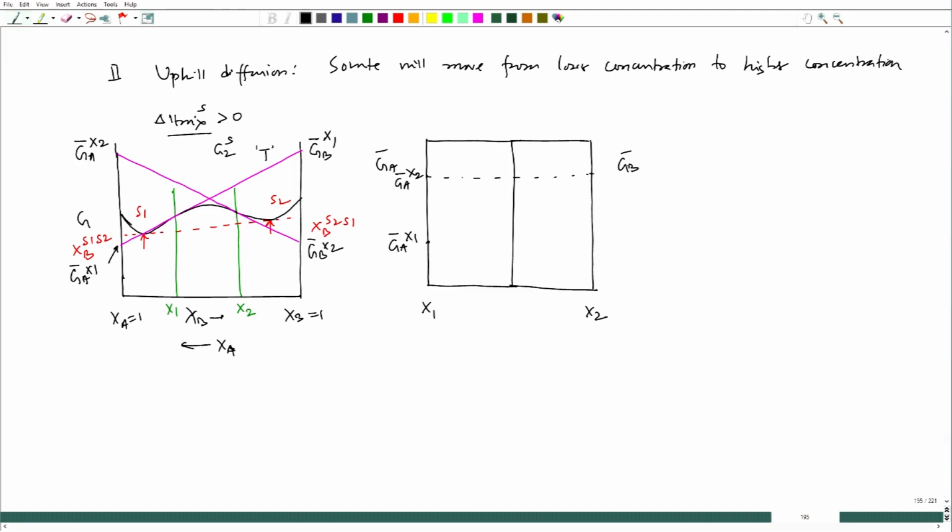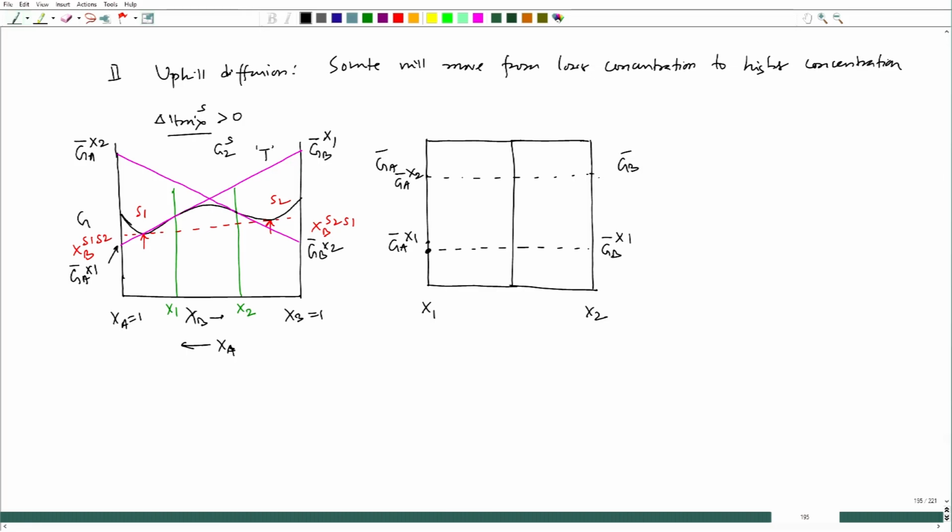Now, for the G B bar, let us say this is G B bar x 1, because x 1 would be here, with the corresponding x 1 concentration. But we are reflecting on the x B side.